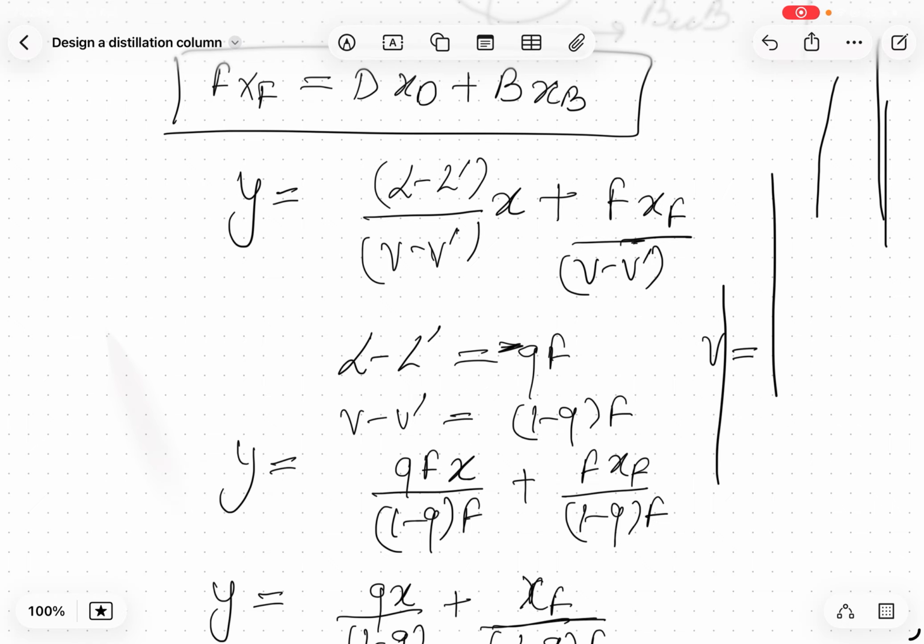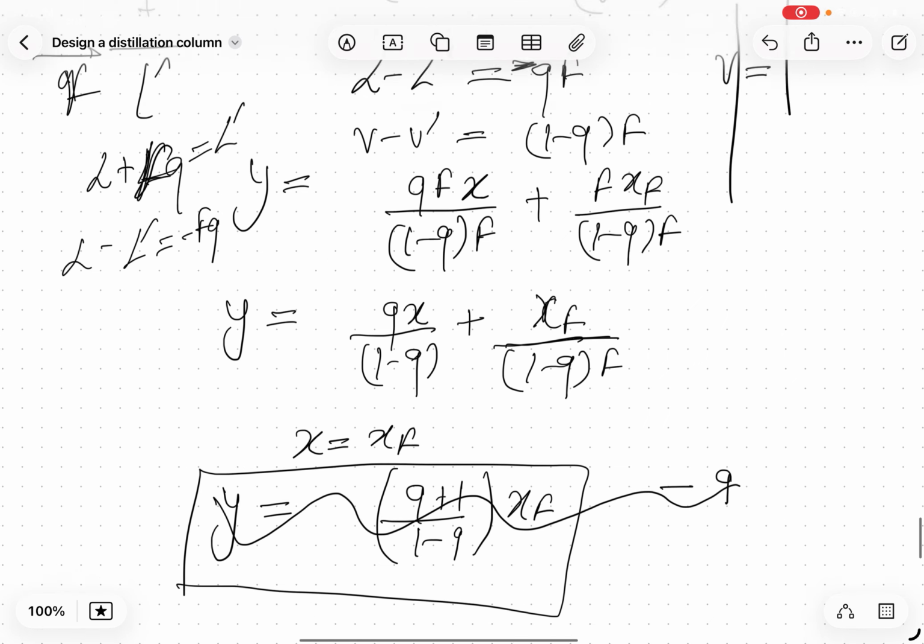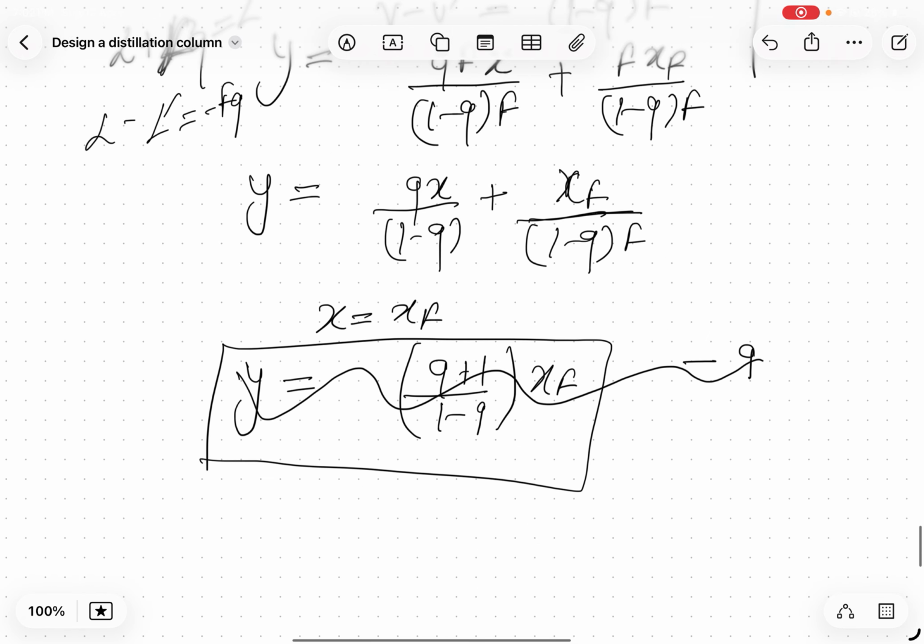L dash is leaving, L is coming, F is adding, so L plus FQ equals L dash. So you can see L minus L dash is minus FQ. I have made a substitution error, sorry for that.